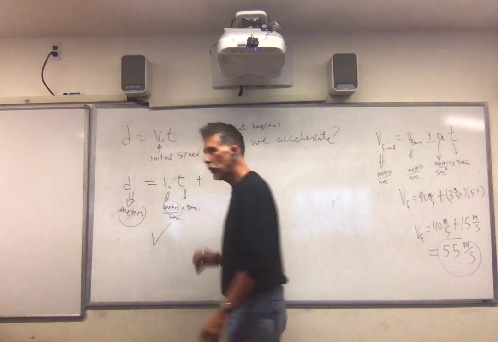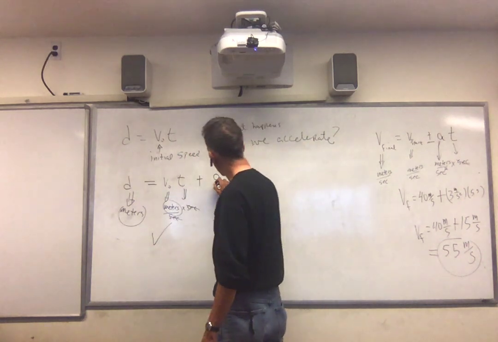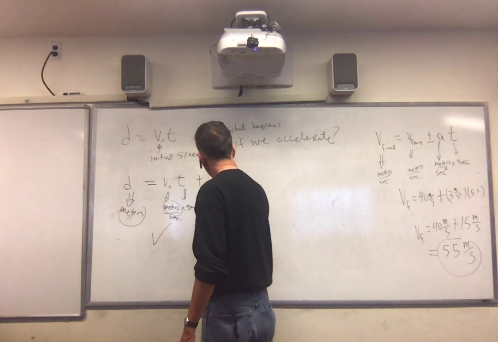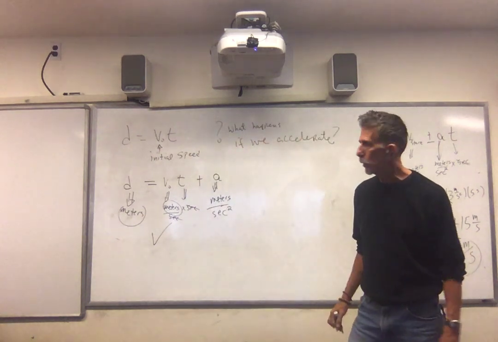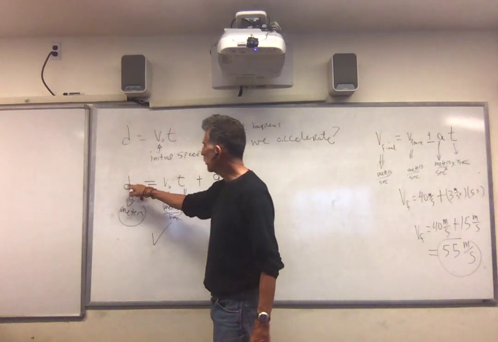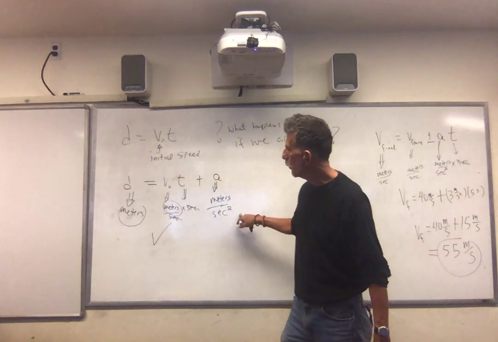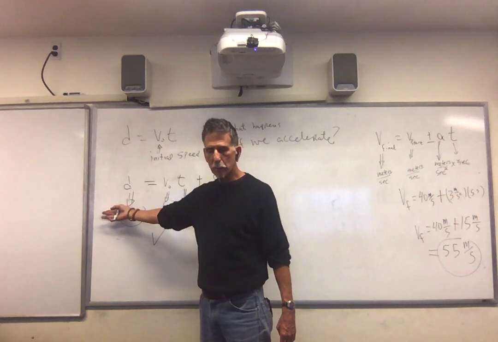Suppose I put an acceleration here. Okay? What's the units of acceleration? Oh, you should know this by now. Meters per second squared. But this is meters. We cannot have meters per second squared adding to meters, and certainly will never be equal to meters.